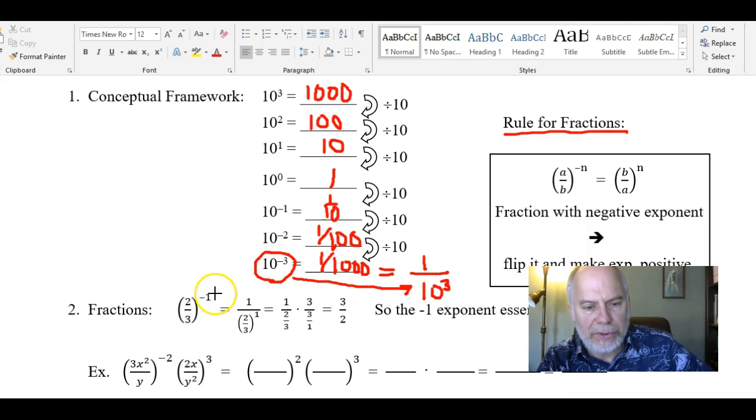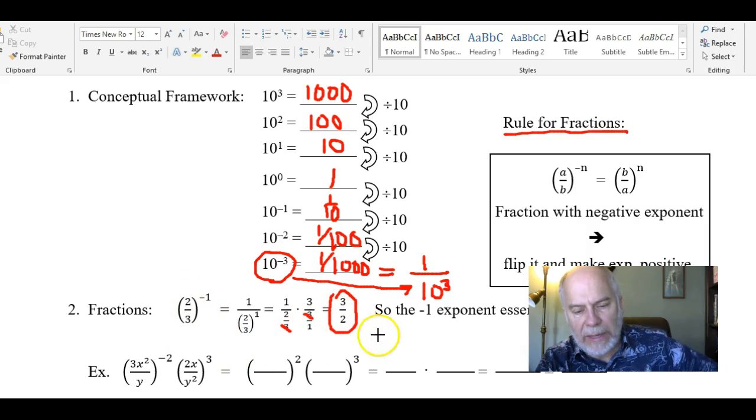So if you have 2/3 to the negative 1 power, you can use the negative exponent rule, flip it over, and you'd have 1 over 2/3 to the positive 1 power, which is, of course, 1 over 2/3. But then if you multiply top and bottom by 3, you get 3 over, and then these 3's here cancel. So basically 3 over 2. So the answer is basically the reciprocal of the original 2/3 that we had.